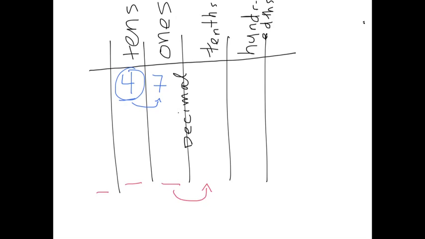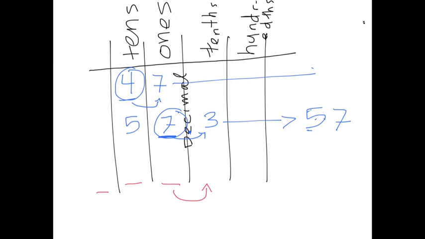If we were to look at 57.3 rounded to the nearest whole number, this would be the whole number that we're rounding to. We look at the digit to the right to see if the whole number goes up or down. This would be rounded to 57. This one would be rounded to 50.